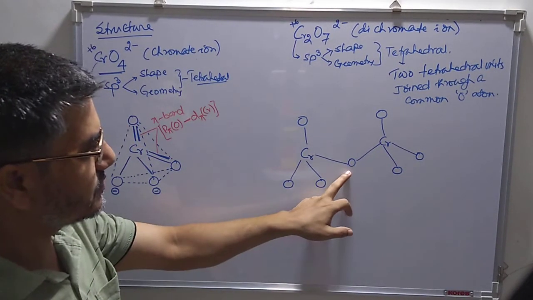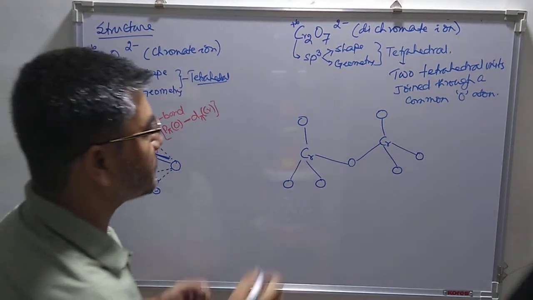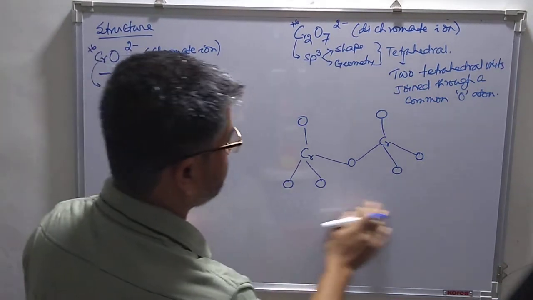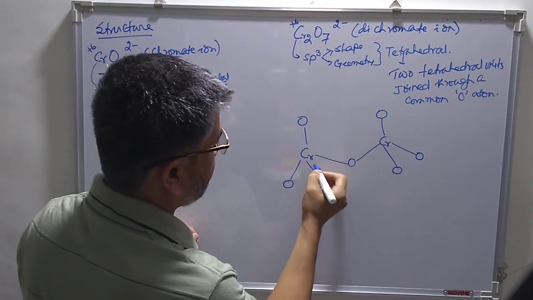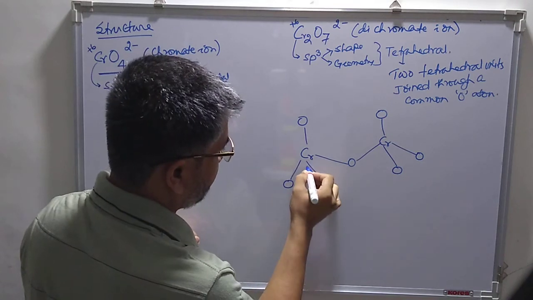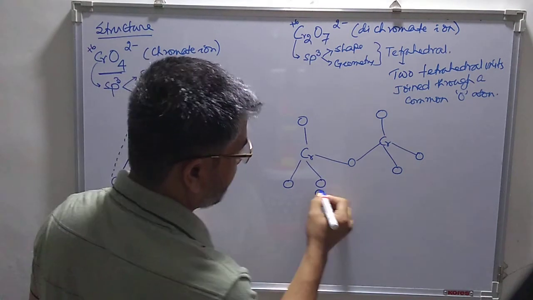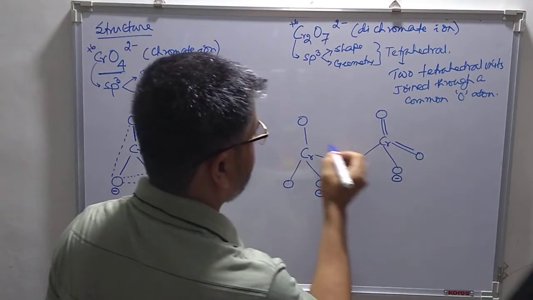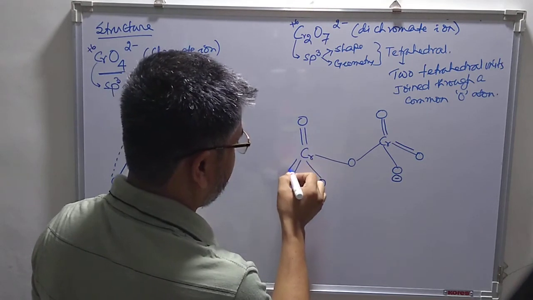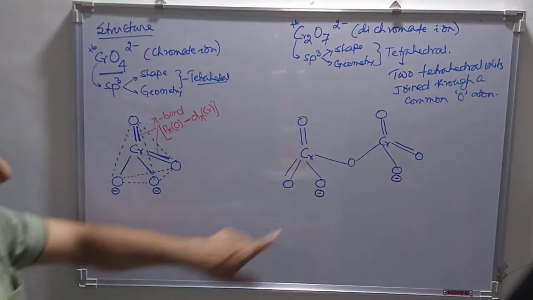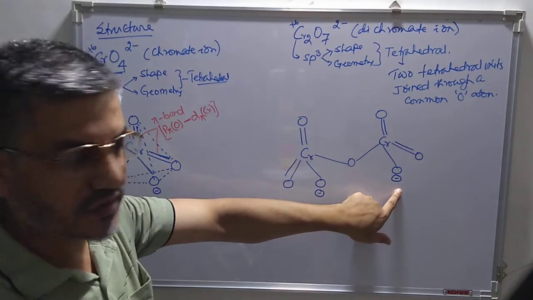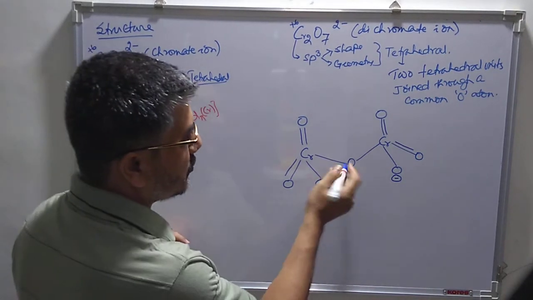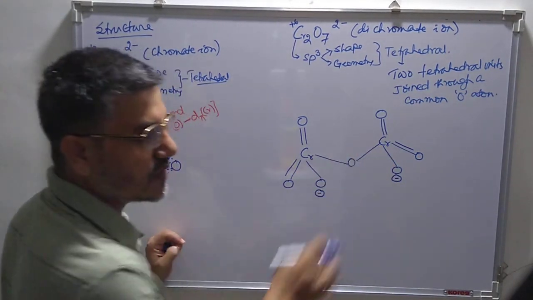So there is a common oxygen between these two tetrahedral units. We have two chromium, 7 oxygen, and 2 negative charges. So we have a negative charge on this oxygen, a negative charge on this oxygen, and the rest are double bonds. This common oxygen is bonded to both chromium atoms through single bonds.